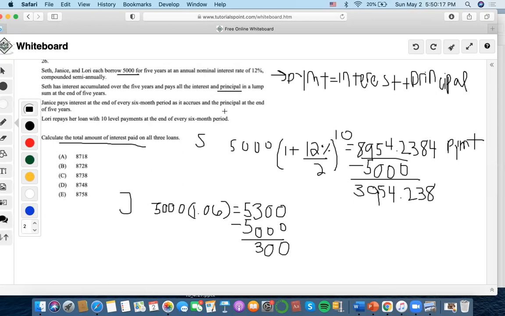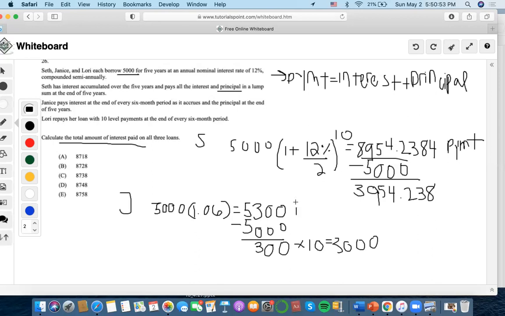But it says that she does this at the end of 5 years, and she pays every 6-month period, which means that this would consist of 10 payments in total of interest left. So it'd be 3,000. So again, this uses the concept of how a payment consists of interest plus principal. In this case, Janice has a payout of 5,300 every 6 months.